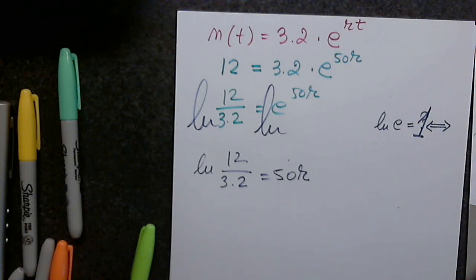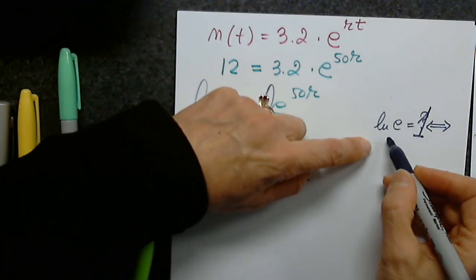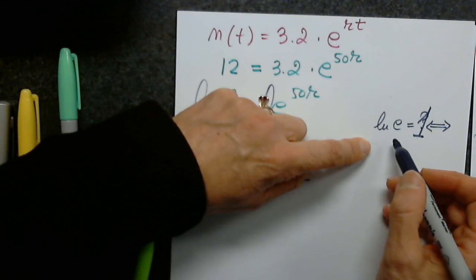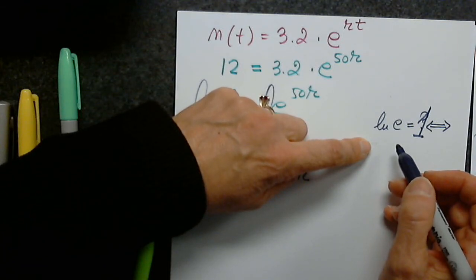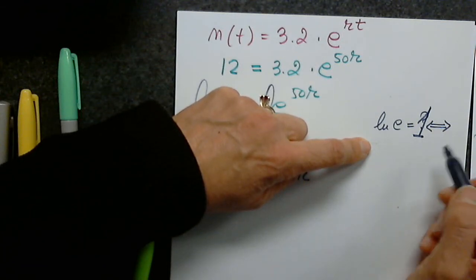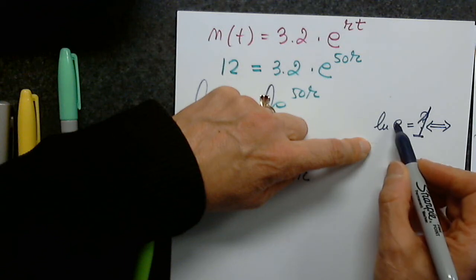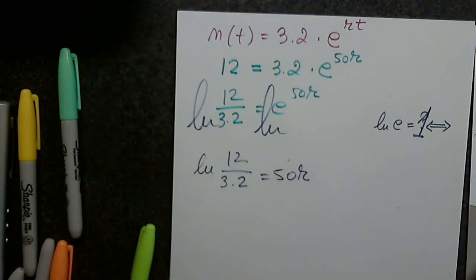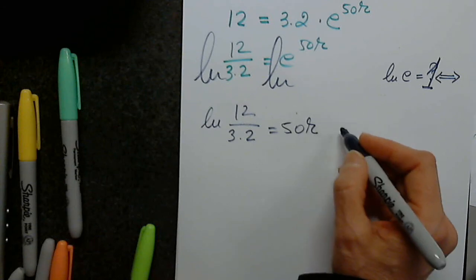You can plug in the graphing calculator anytime if you want. You will get 1. Or just say e raised to what number is e? Good. So then this is times 1.